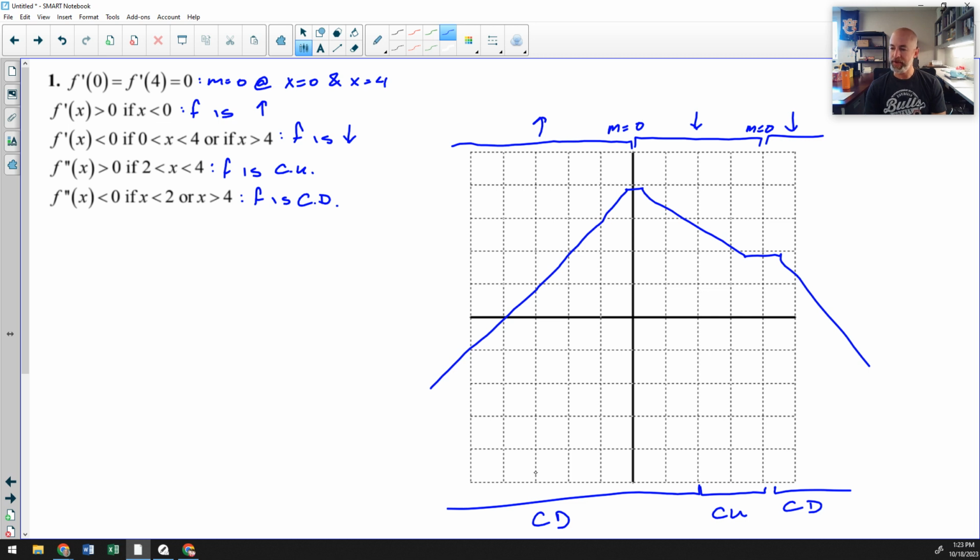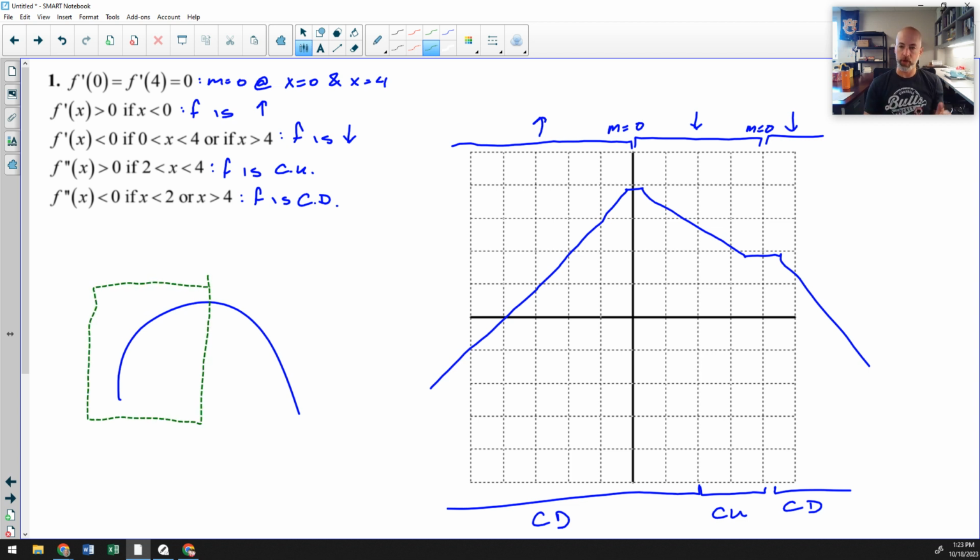So if you think about a concave down graph, if you were going to sketch a concave down piece of a graph, it would look like that. And for this first piece left of the y-axis, we want the part of concave down where these slopes are positive. That's going to be where you're going up, like so. So over here, I'm going to piece that together by, left of the y-axis, doing this.